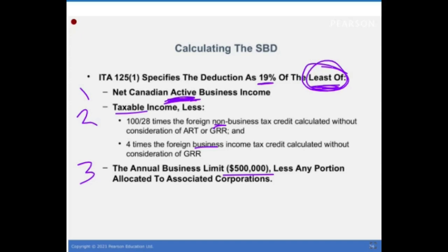They are allotted 125,000 of the business limit. So you have to remember when you're doing the question not to always just plug in 500. You might have to adjust and plug in 125 instead. Then you pick the lowest of those 3, multiply that by 19%, and put that in a row in your overall calculation.